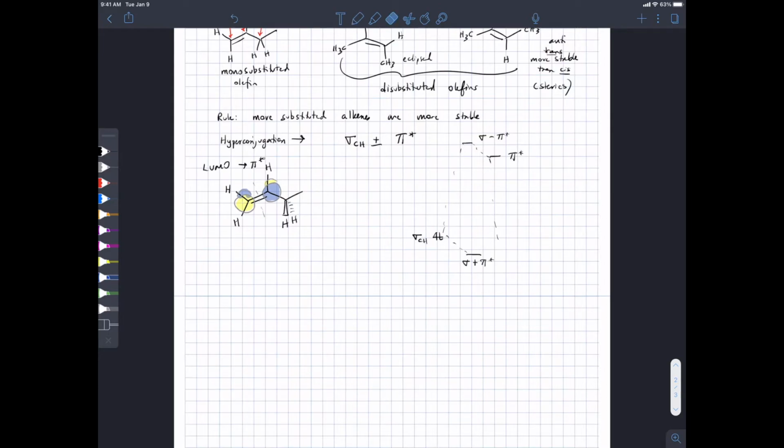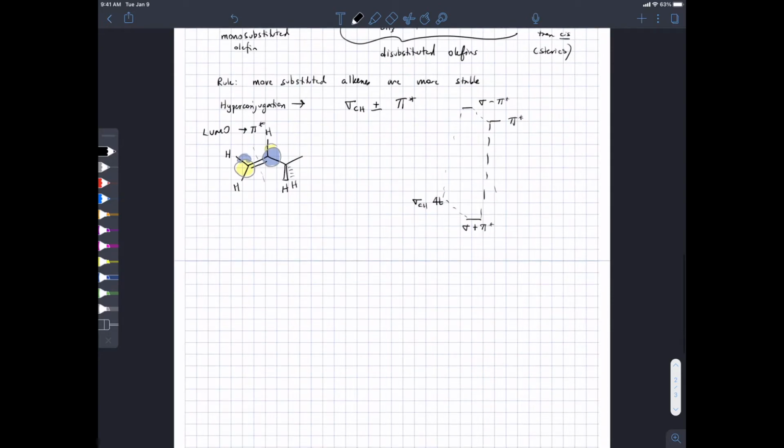So the consequences of hyperconjugation are that the electrons from the carbon-hydrogen bond spread out and are stabilized, and that the LUMO spreads out onto the adjacent carbon-hydrogen bonds. All right, so that's stabilizing.